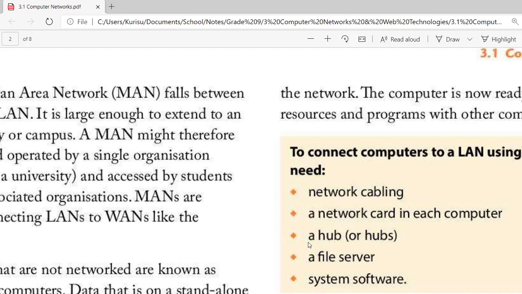Now, in your home, you will not see a switch because you'll only be seeing a router. And if you were to look at the back of your router, you will see about 4 ports very close by to each other.